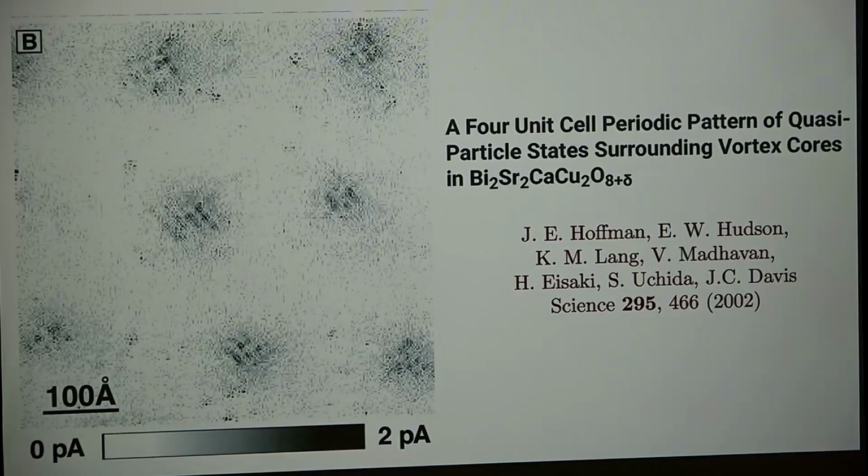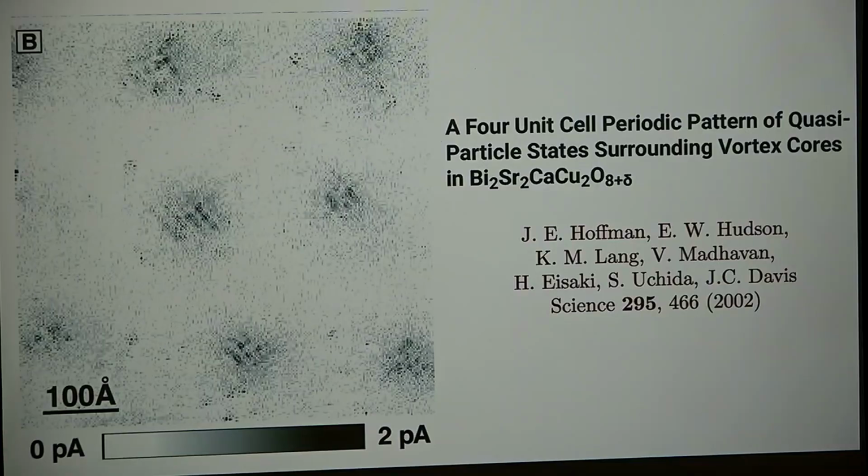one qualitative change, which is quite dramatic, which is the vortex. So you can look at the vortices in the magnetic field using scanning tunneling microscopy. And first of all, you confirm that every vortex has flux h/2e, as it would in BCS Landau-Ginzburg theory, everywhere.